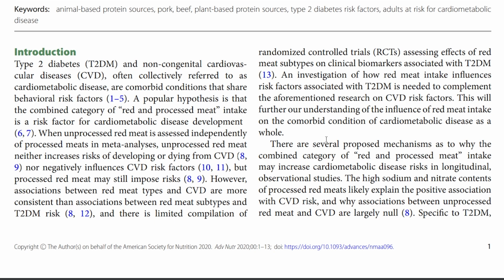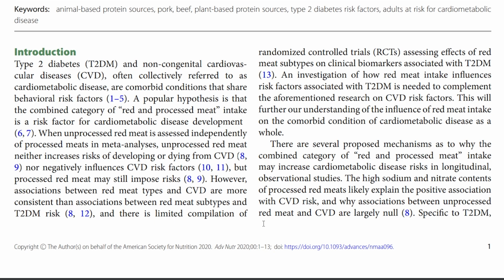An investigation of how red meat intake influences risk factors associated with type 2 diabetes mellitus is needed to complement the aforementioned research on cardiovascular disease risk factors. This will further our understandings of the influence of red meat intake on the comorbid conditions of cardiometabolic disease as a whole. No, associations, not influence on. That infers cause and effect, which you cannot establish using associative studies.